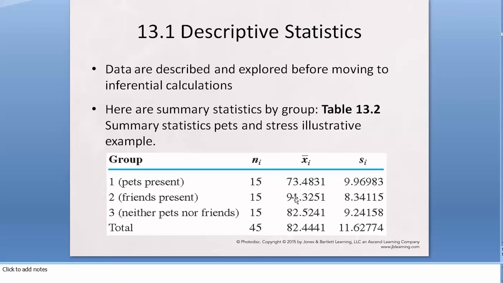This is pretty high. It looks as if with pets the heart rate is much less. With friends, it is really high. And the last one is a little bit close to the others. But we can get an idea, especially if you compare these two, there seems to be a big difference, 73 to 91. So we get a hunch that there is a group effect for this heart rate. But we need to statistically prove that, or at least confirm our claim.